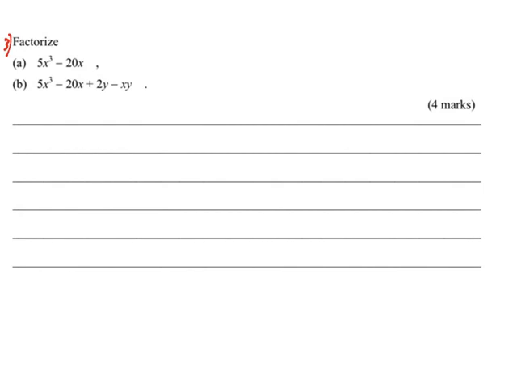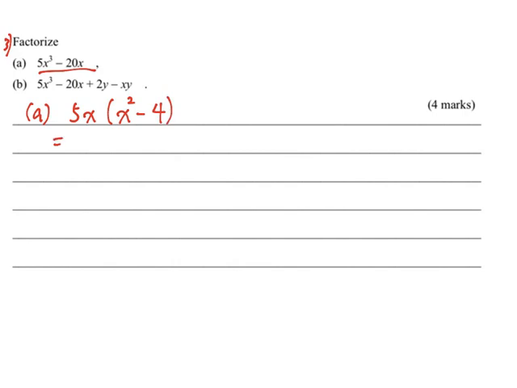Question 3, factorization. For factorization, we need to take out the common factor. So for 5 and 20, so we take out 5, and then for x cubed x, so it's x, so we take out 5x totally. It becomes x squared minus 20 divided by 5, it becomes 4, like this.